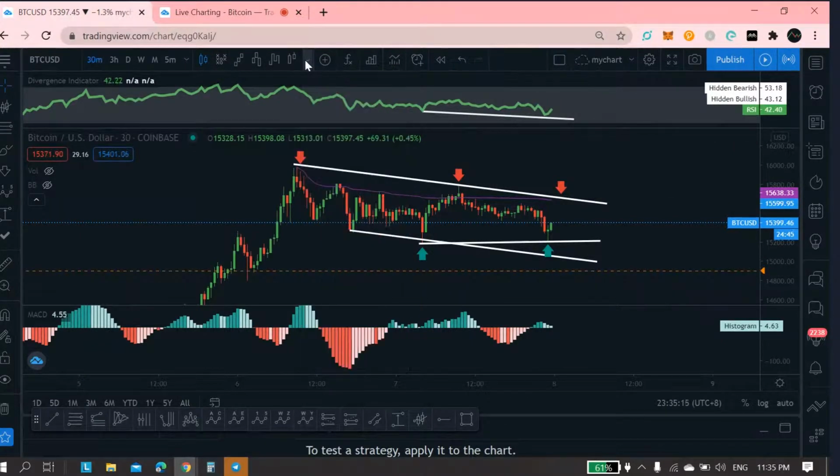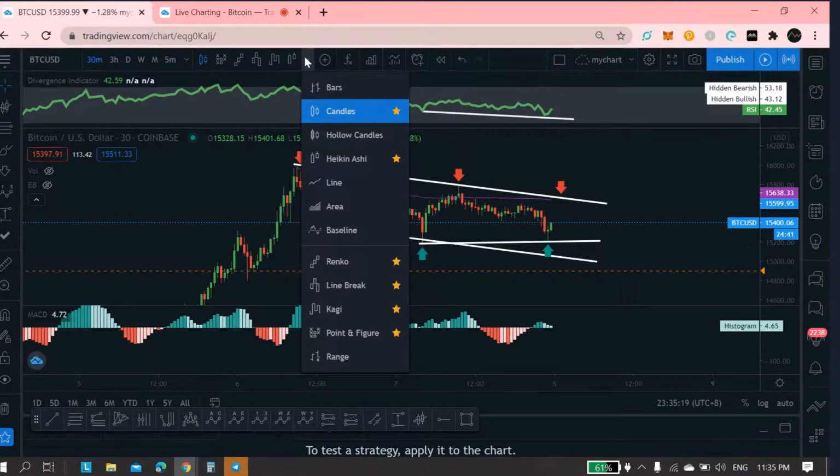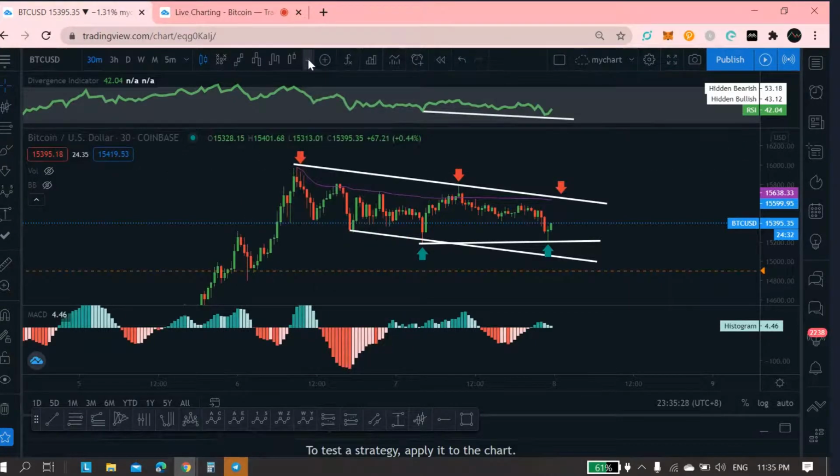But TradingView has added less noisy candles, which I also use sometimes: the Renko chart, line break, Kagi, and point and figure. So just use whatever chart fits you. But for me, the best still, especially for scalping, is of course the candlestick.